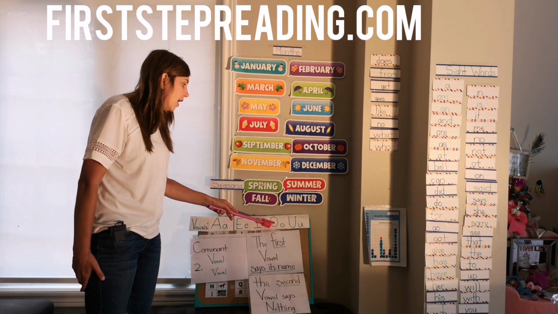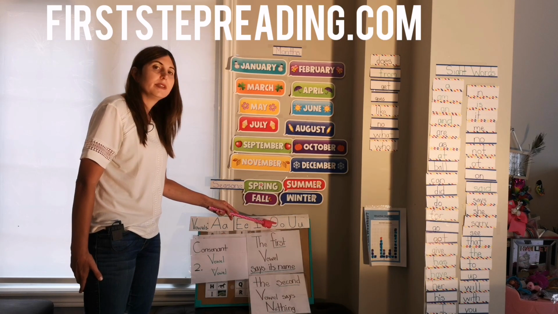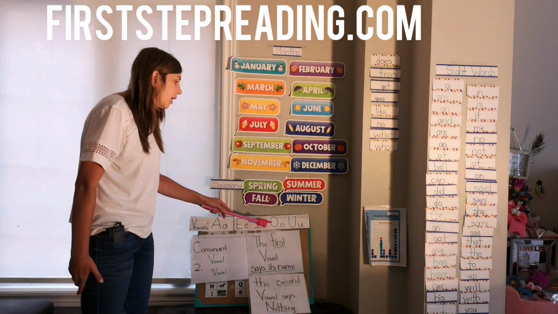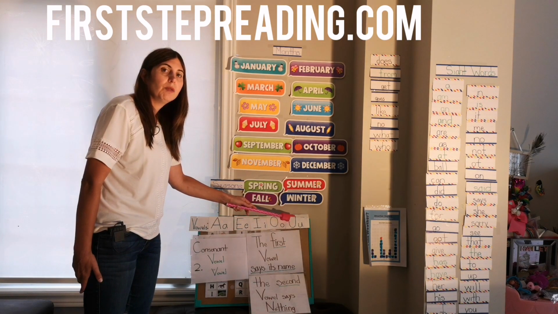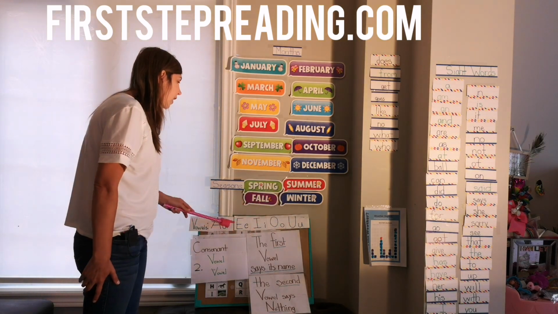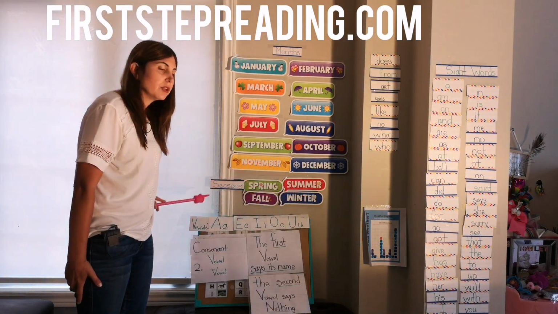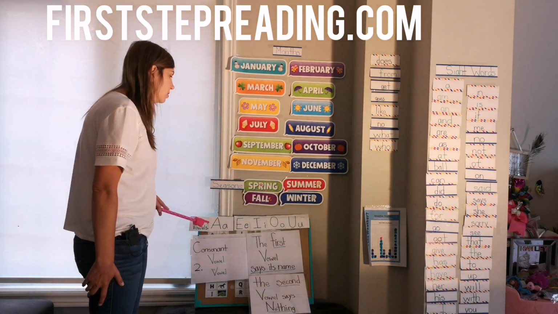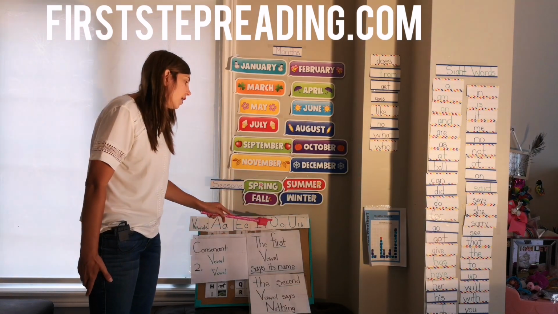O is a vowel, a vowel, a vowel. O is a vowel, A-E-I-O-U. U is a vowel, a vowel, a vowel. U is a vowel, A-E-I-O-U. Those are our vowels, our vowels, our vowels. Those are our vowels, A-E-I-O-U.